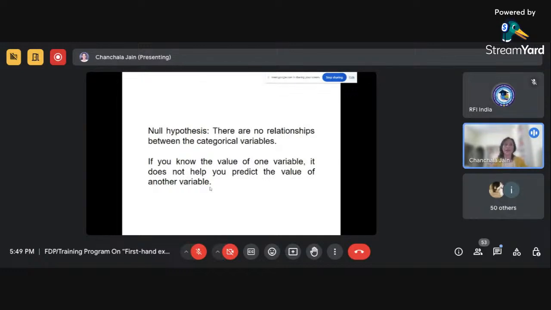Whenever we have numeric variables available, we go for correlation. In the chi-square test, we are not interested in predicting one of the categorical variables, so there is no role for prediction-type techniques.